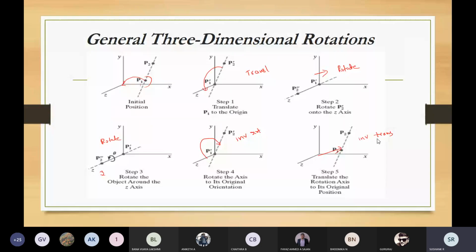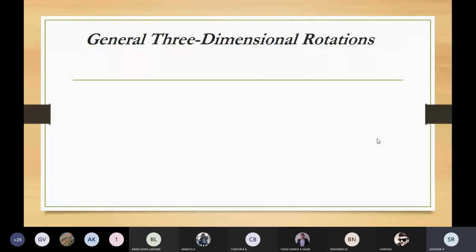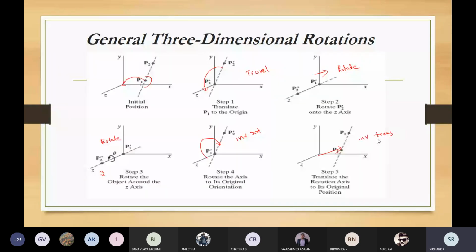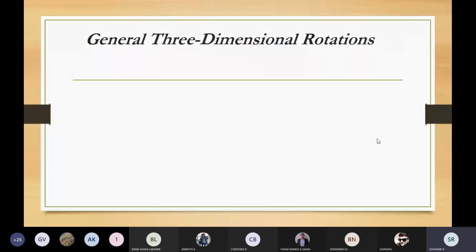For this we can compute a few steps in mathematical notation. First, we had 2 points, P2 and P1. All the calculations can be done by using the rotation axis vector.